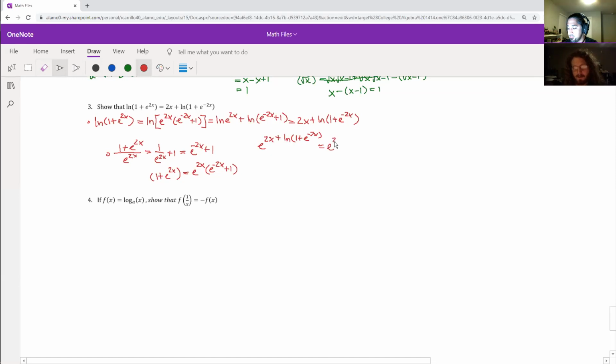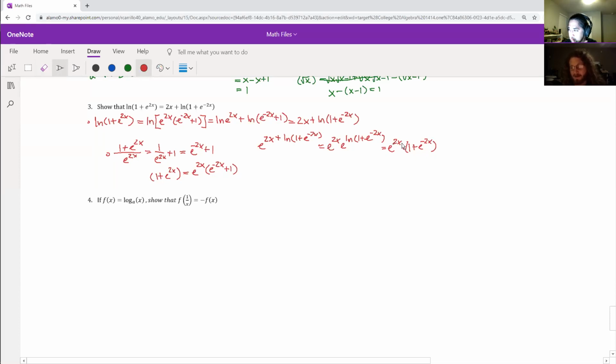So this is e to the 2x, e to the ln 1 plus e to the negative 2x. So this is e to the 2x times 1 plus e to the negative 2x.